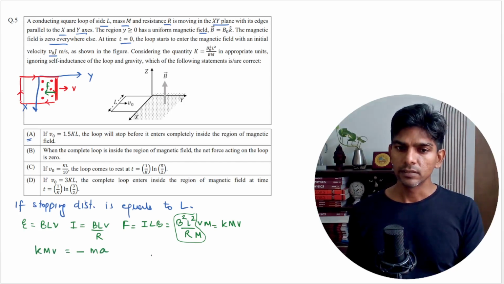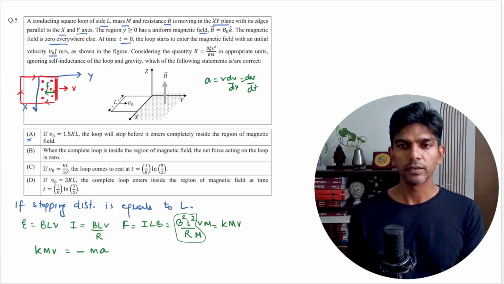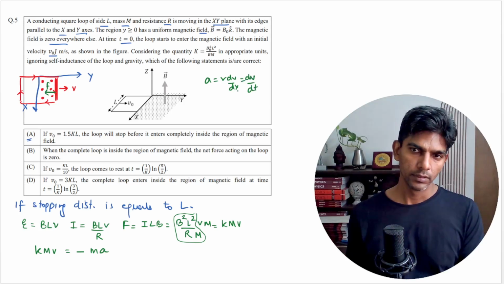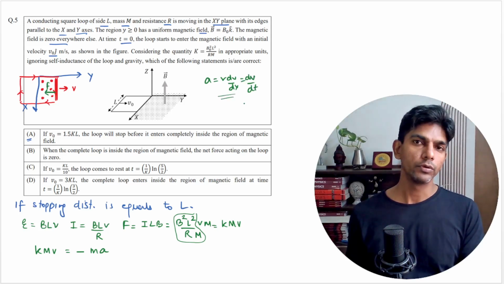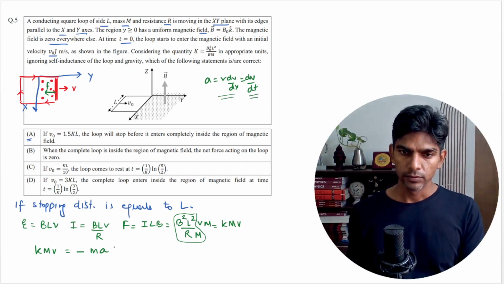Now let us find the initial velocity which is required to have a stopping distance equal to L. I can write acceleration as v dv by dx, or it can be written as dv by dt, right? If you want to find the stopping distance, we can use the first relation. If you want to find the time, if velocity is given, we can use the second relation. So let us find the stopping distance when the stopping distance is L, and find the velocity v naught.